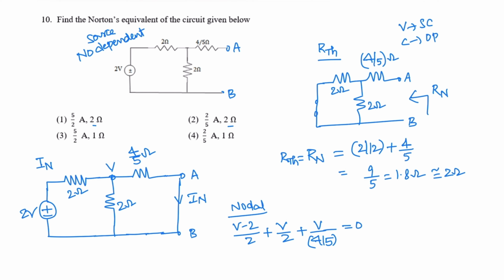On calculation, voltage V is 4 by 9. So this node voltage is 4 by 9 volts.